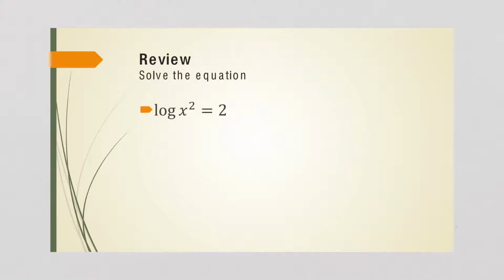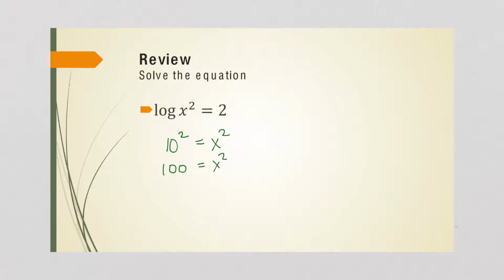Next, we have a log example. In this case, we have to change the log to an exponent in order to get x out of the log. Remember, if it's just a common log, we say its base is 10. So I have 10 to the second equals x squared. Well, 10 to the second is 100 equals x squared.